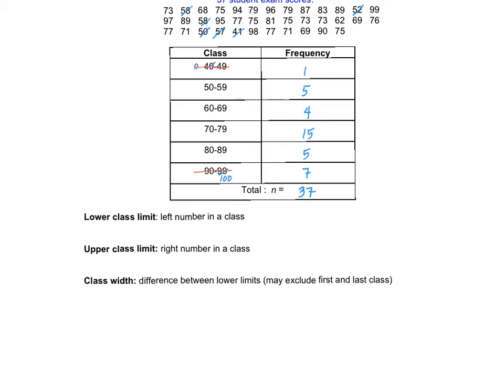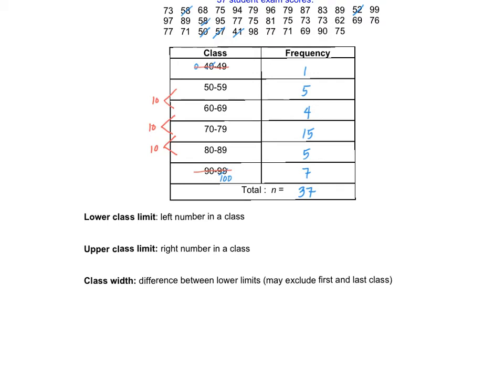When I look at the difference between these classes, the width is going to be 10. You can either look at it as subtracting the 50 and the 60, 60 and 70, 70 and 80, looking at the difference between those, or looking at the 59 to 69, 79 to 89, and so on.